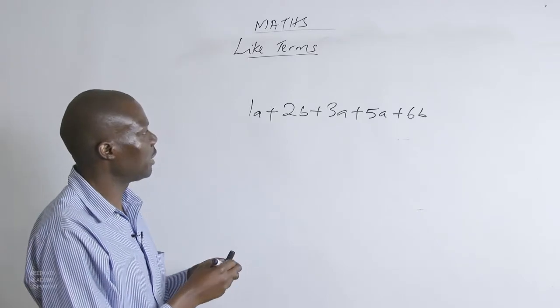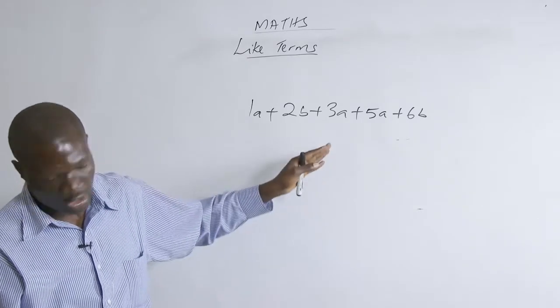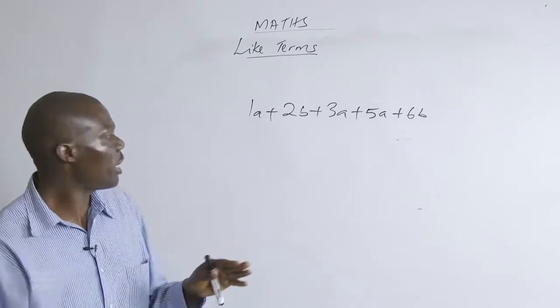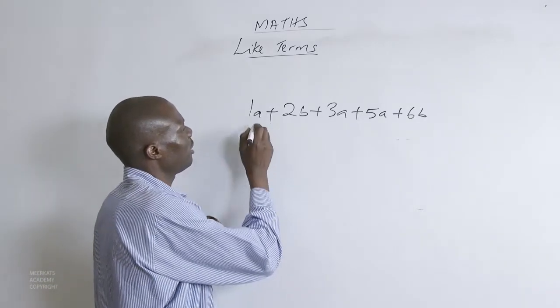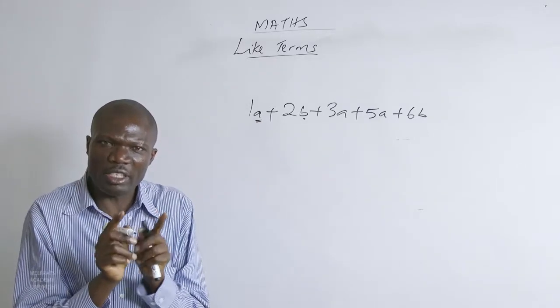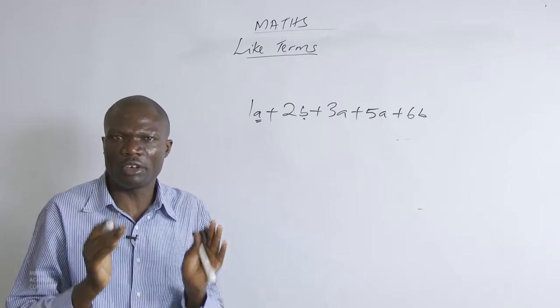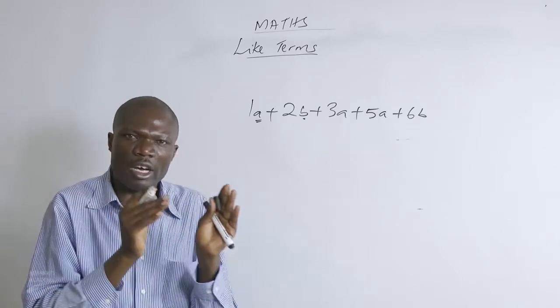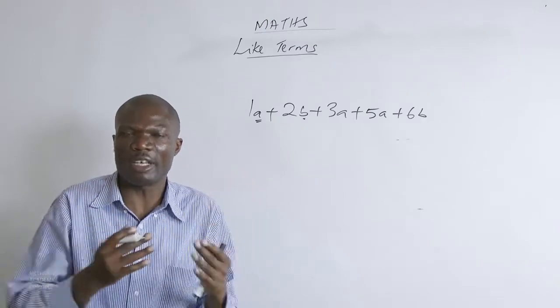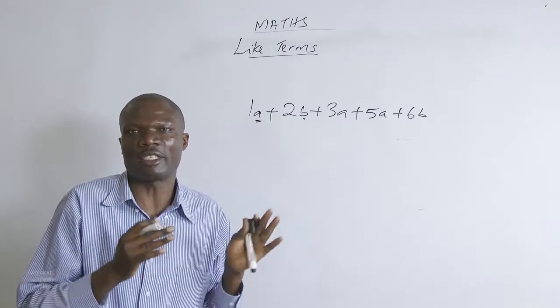Now, precisely, this is what we have. We have two different kinds of terms here. We have A's, we have B's. While collecting or simply adding like terms, we look at those which have the same letter representing the pronumeral.